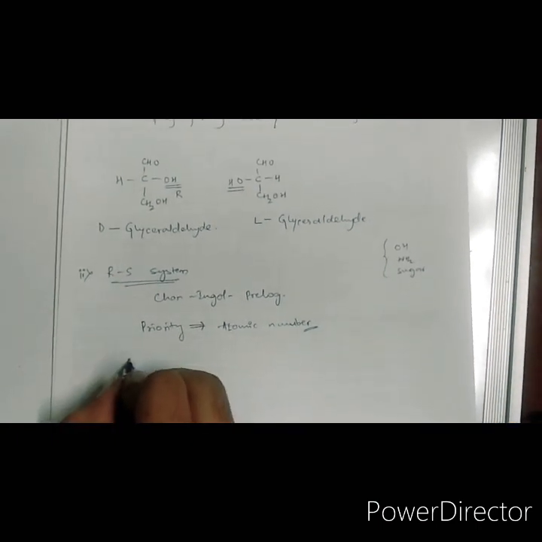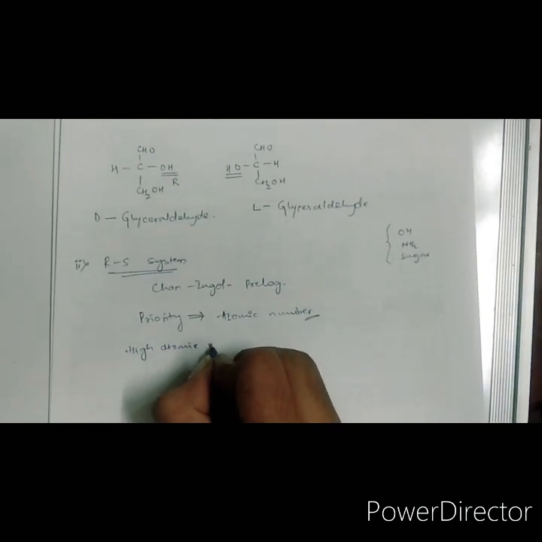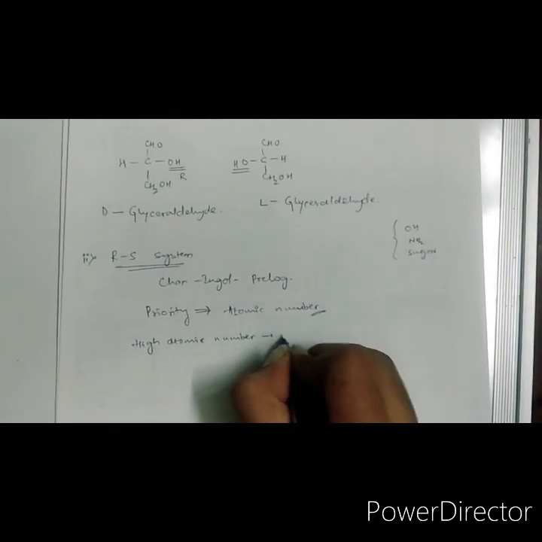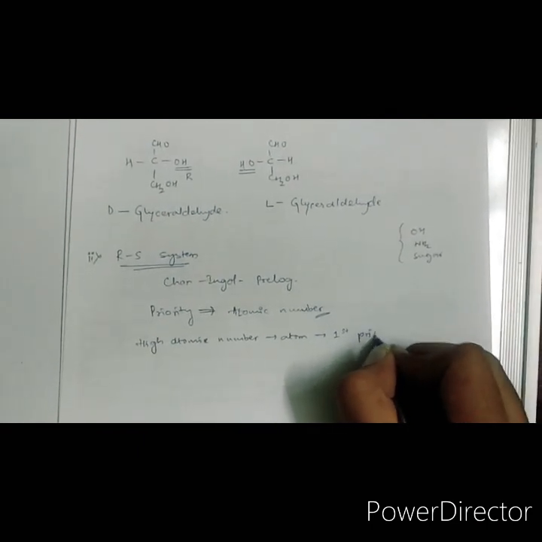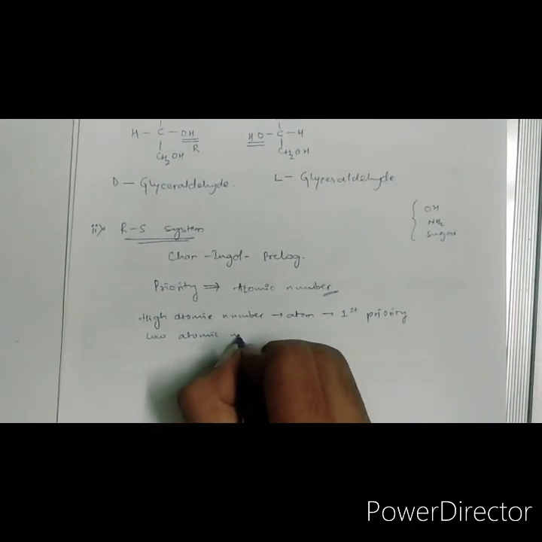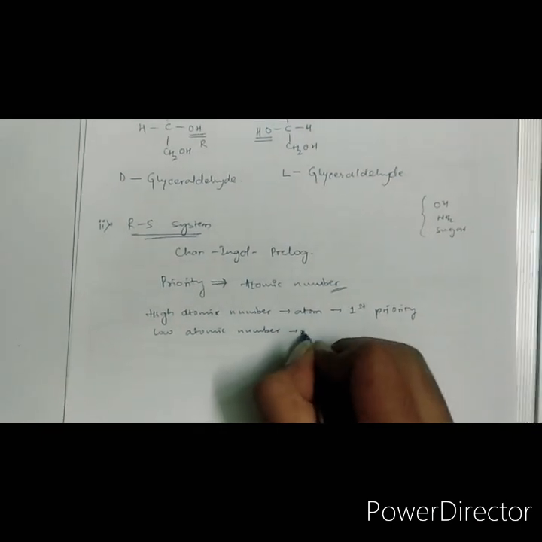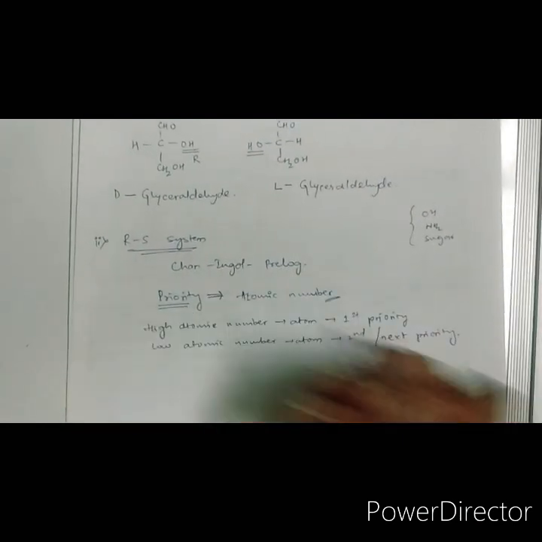The atom with the highest atomic number gets high priority, or first priority, and the atom with a low atomic number gets the second or next priority. So this is all based on priority.